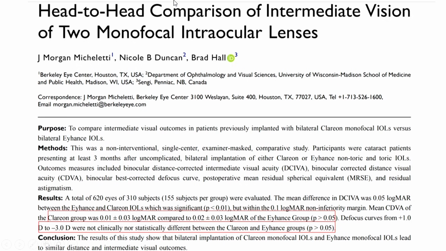We also looked at one of the most important studies, how good a Clarion lens is versus an Eyhance. Here again, the defocus curve from +1 to -3 is not statistically different between the Clarion and Eyhance. The only difference is how they were marketed.